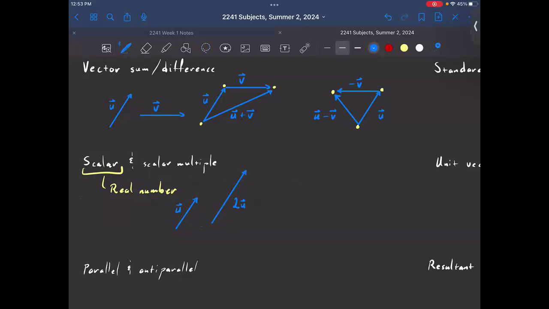Okay, now what if I want to go the other direction? Well, again, I copy paste u, and let's say I want to go 3 halves, 1.5 times as far, but in the opposite direction. Okay, well, this is going to be minus 3 halves times u.